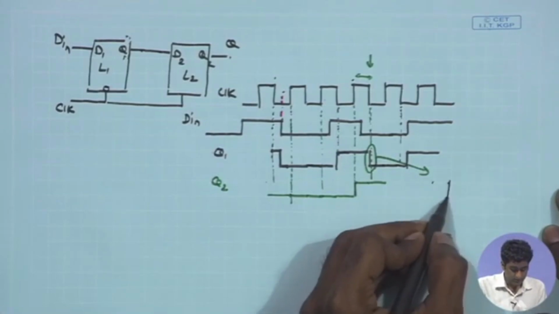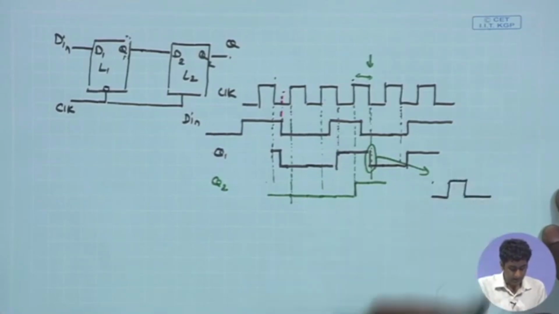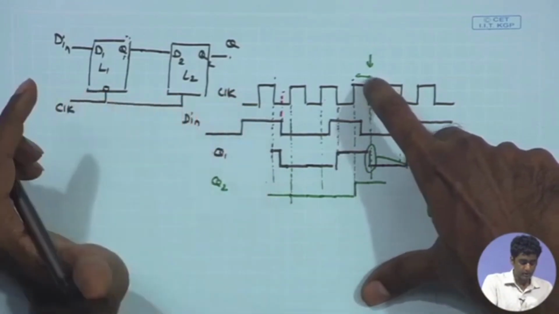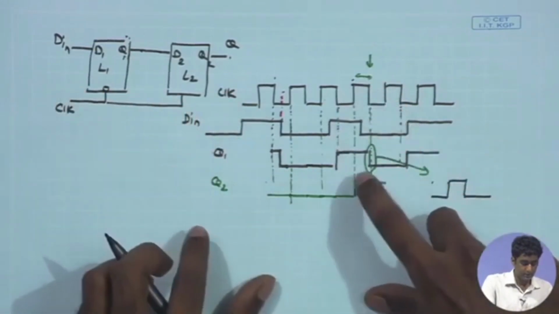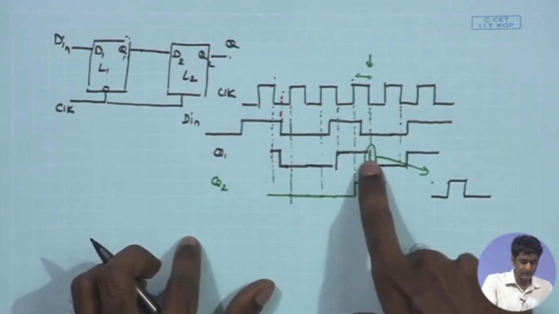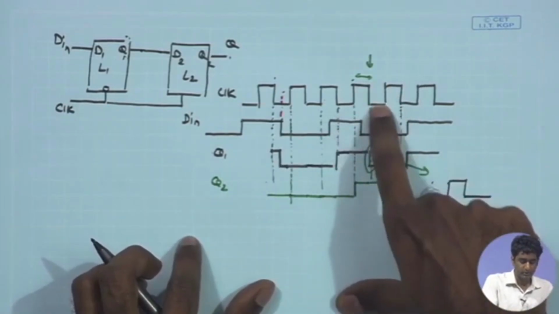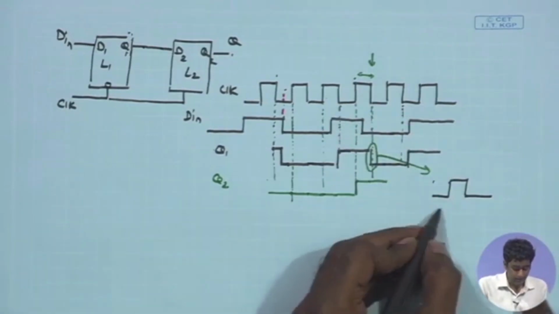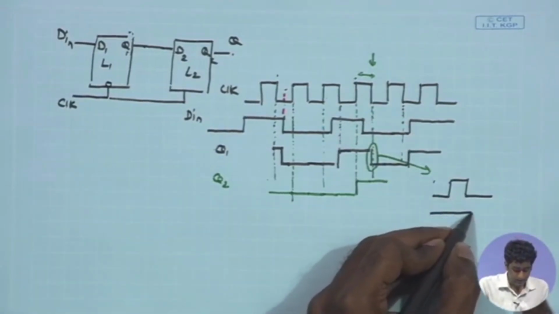if I look at realistic circuits, we will see that when the clock makes a transition over here, and corresponding to that Q1 is making a transition at the falling edge of the clock, because it is negative level sensitive, it will have certain delay. It is not ideal, it will have certain delay for that transition.